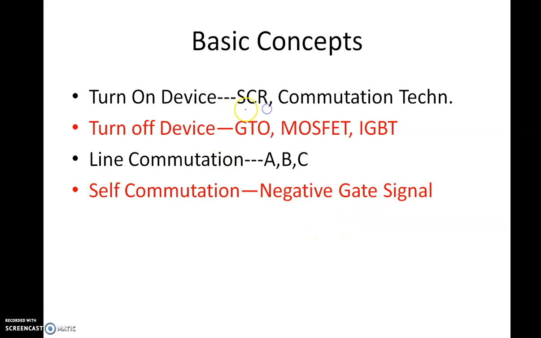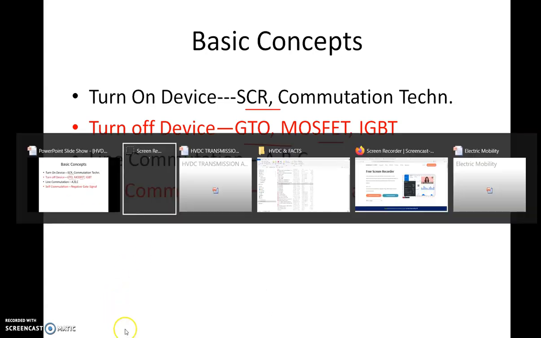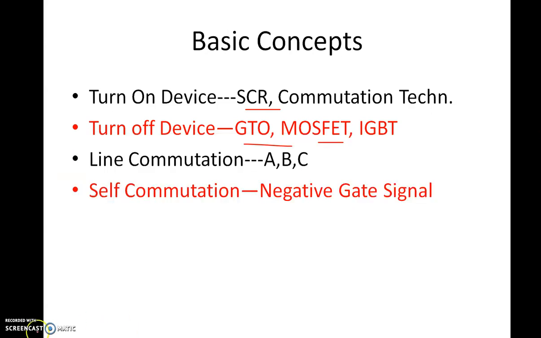For example, the SCR, the GTO, MOSFET, IGBT, etc. Now, as far as the GTO, IGBT, etc. is concerned, these are called the turn-off devices because these devices can be turned on as well as off with the help of a gate signal.